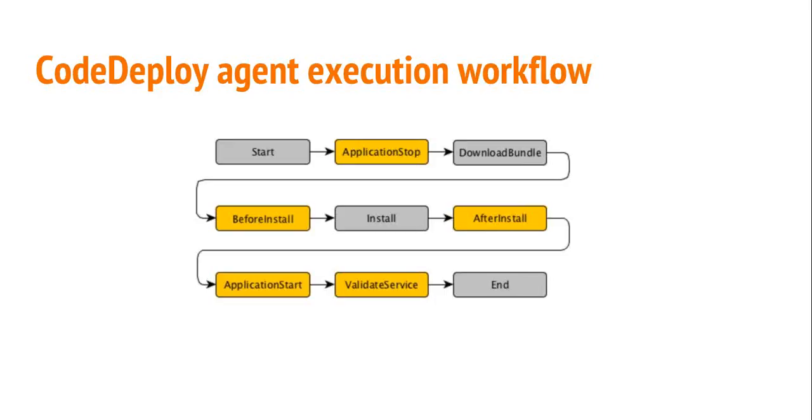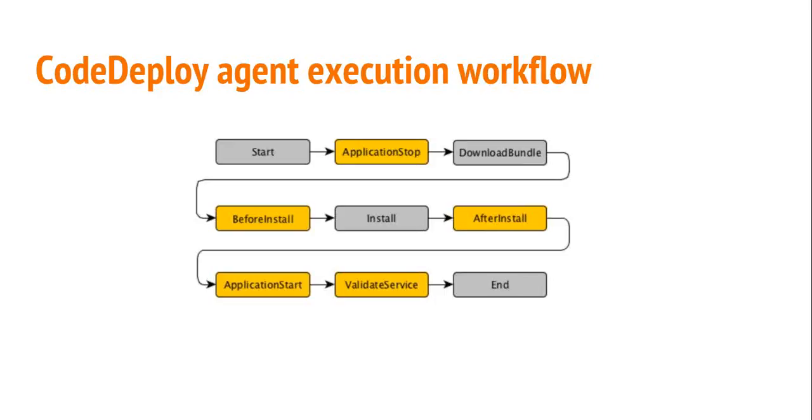Before install, what do you want to do? Suppose you want to take a backup of something existing, or copy files from one location to another. Those kinds of instructions we can write in before install. Say we have copied some files to our required location.